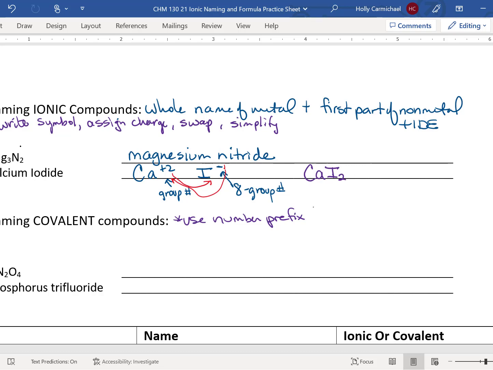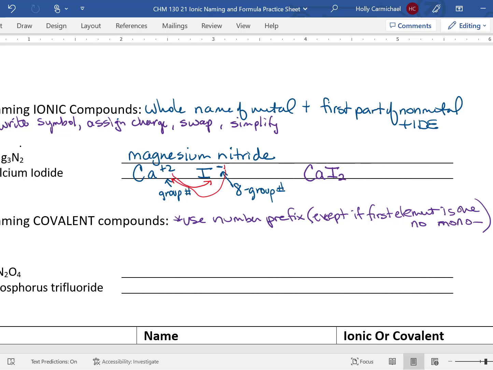Except if element 1, the first element, is only one, then you have no mono. For the second element, I have to use a number prefix. So how am I going to name this?